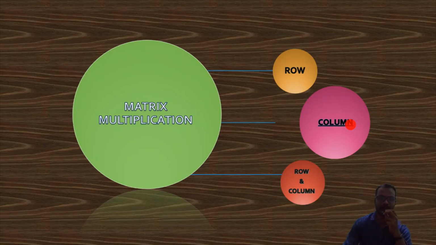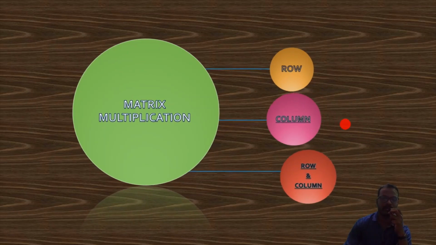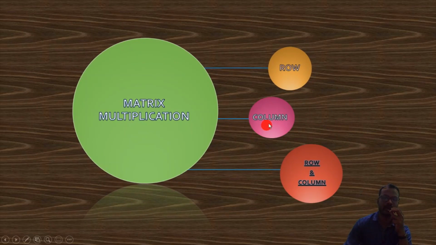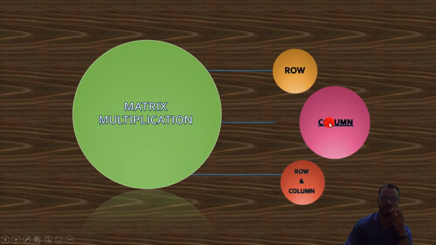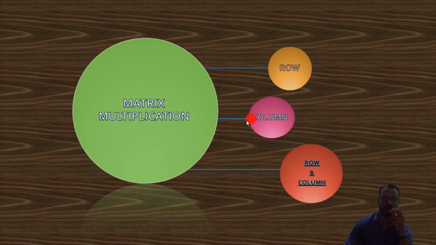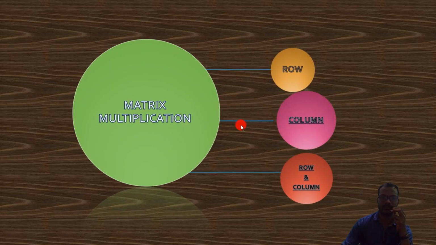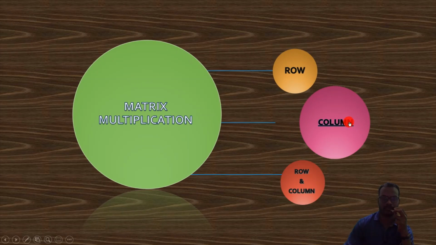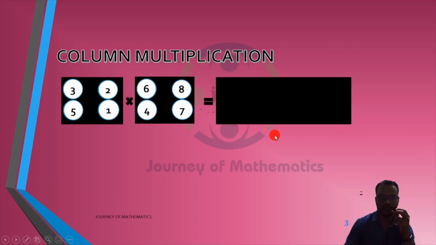Now let us do column multiplication. As we have done row multiplication, in the same way observe these two matrices.